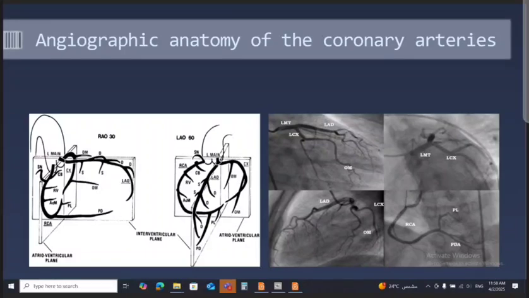While in X-ray or conventional angiography, the spatial resolution is 0.16, which is much lesser than 0.5. And so we have spatial resolution in the X-ray much better than CT.